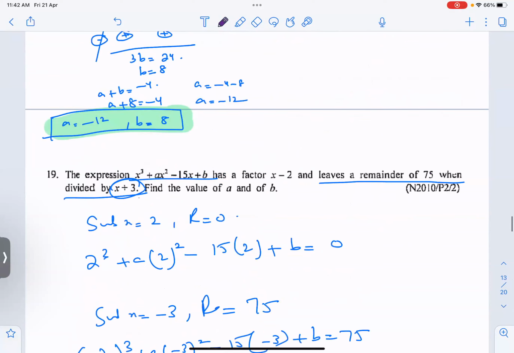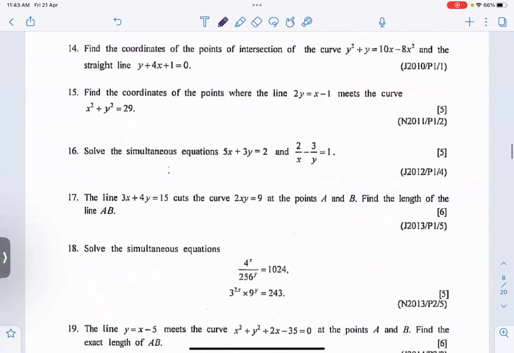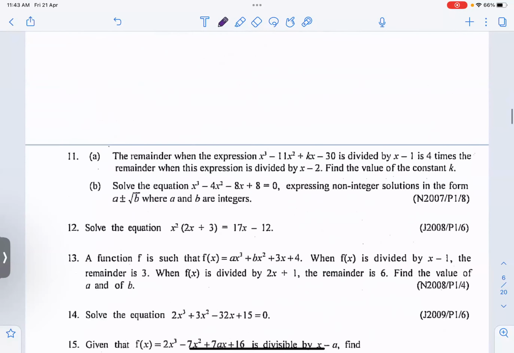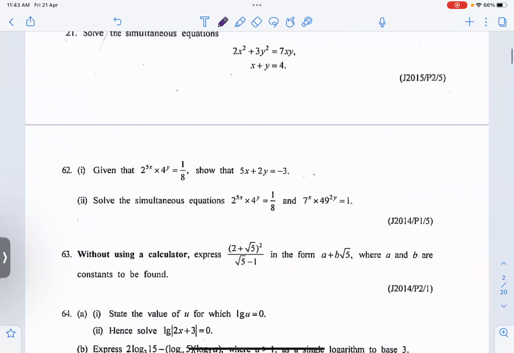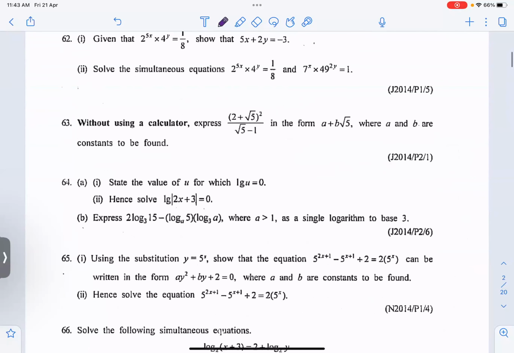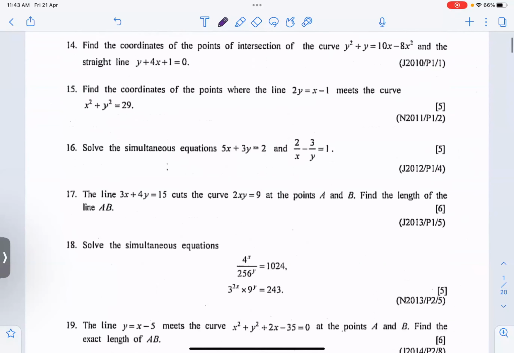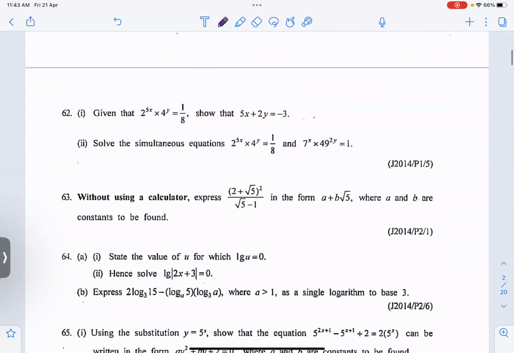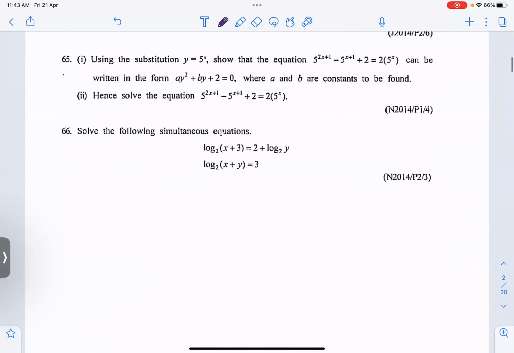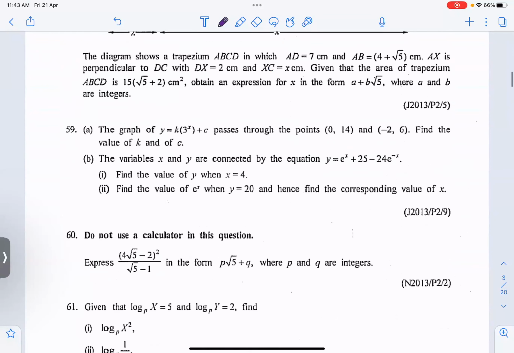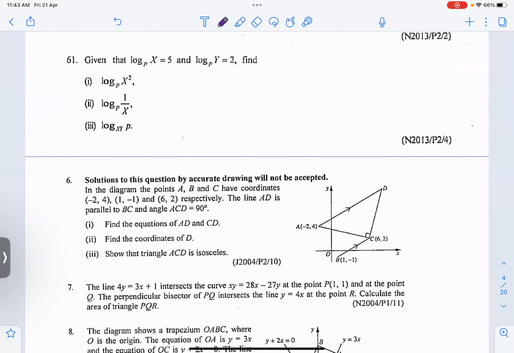Okay, let's do 2 questions on logs first. I would do this one first.